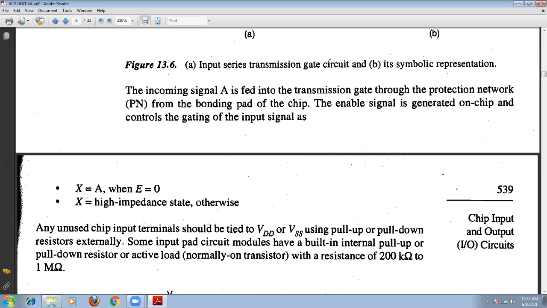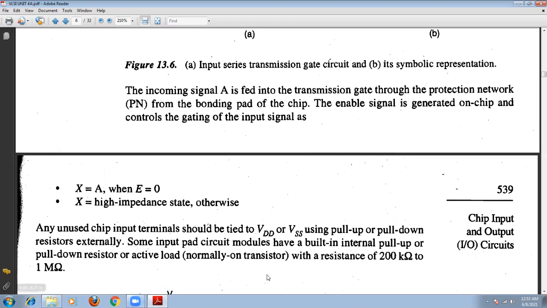Some input pad modules have built-in internal pull-up and pull-down transistors, a pull-down transistor acting as an active load, like a resistor. Because the transistor is on, it has a resistance of approximately 200 kilo ohm.